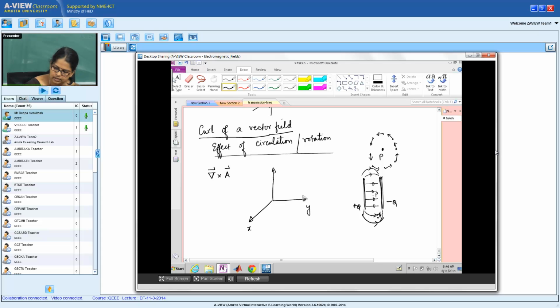In the vector space, if I want to calculate the curl at this point P, just like in divergence you estimated a unit volume around this, here you will consider a unit surface ds and find the circulation with the contour integral of the vector around this point.